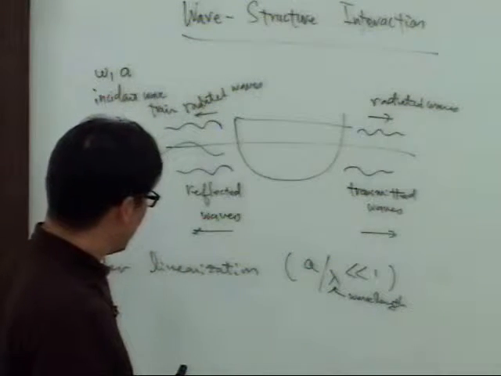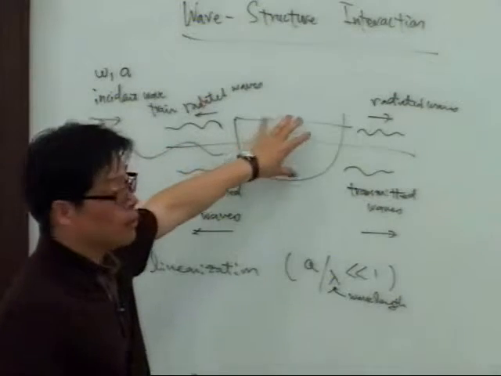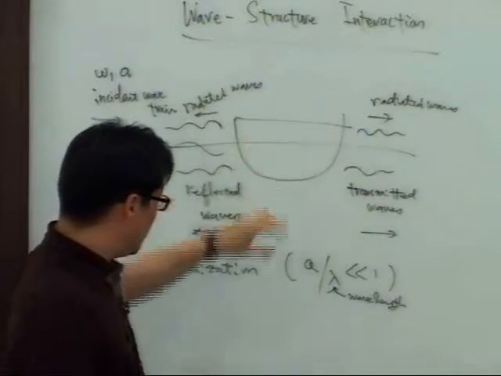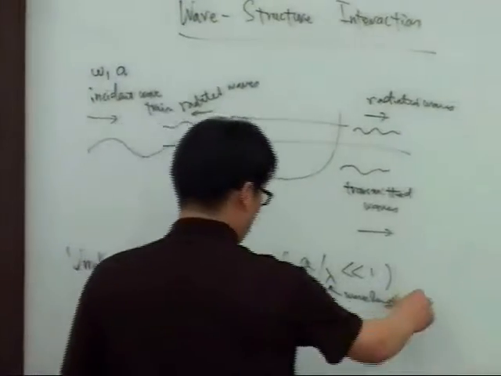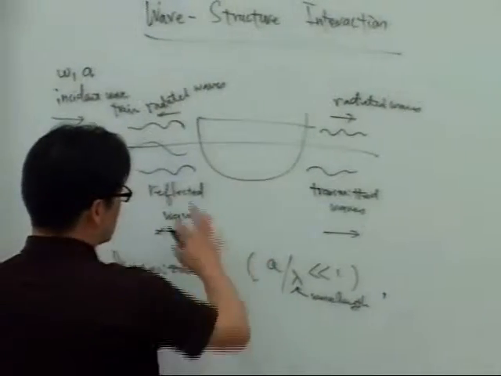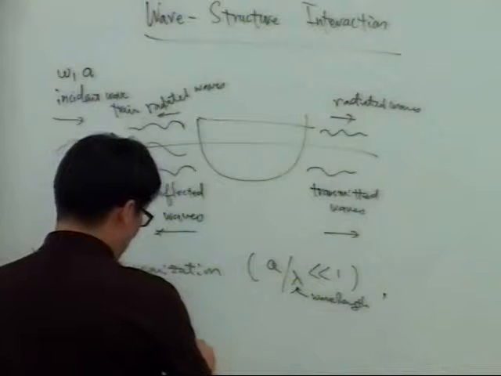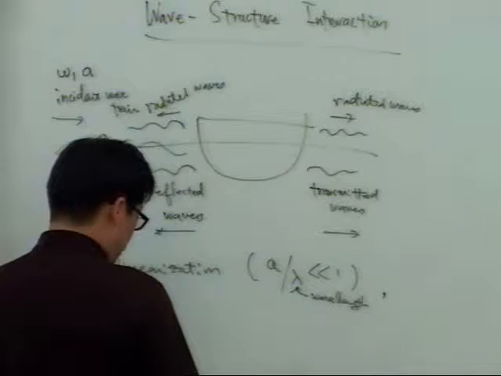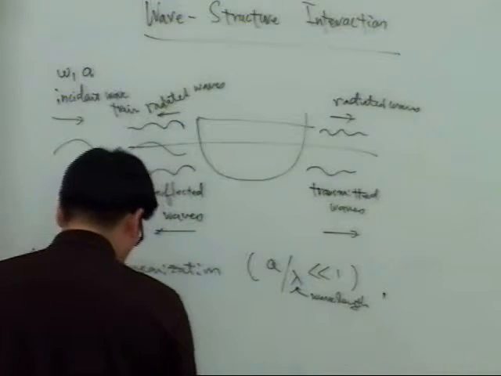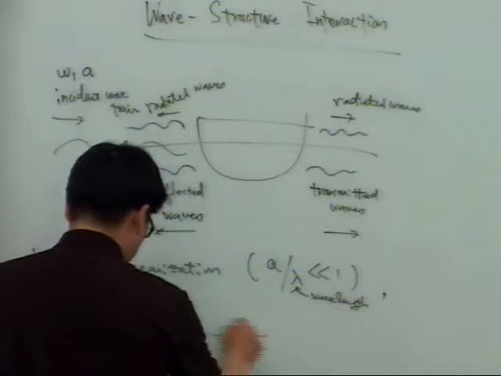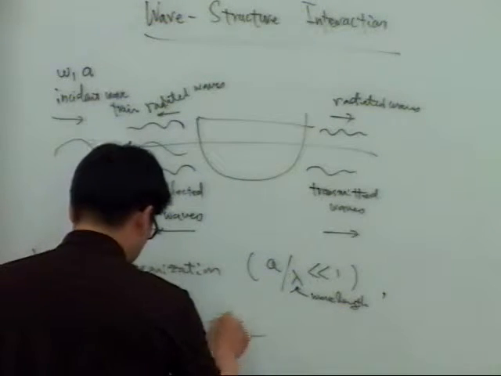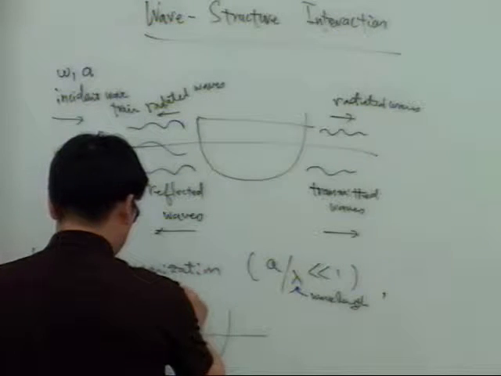If we assume that, then the motion of the body will be small as well, and therefore we can use a linear theory. Under the linear theory, we can decompose the whole problem into 2 problems. One is the radiation problem, and the other is the diffraction problem.